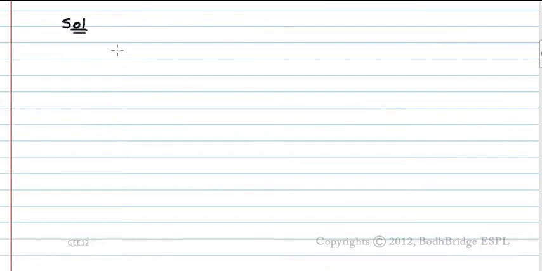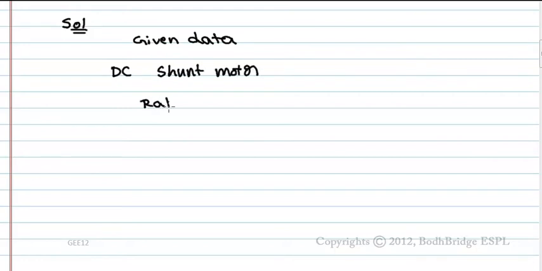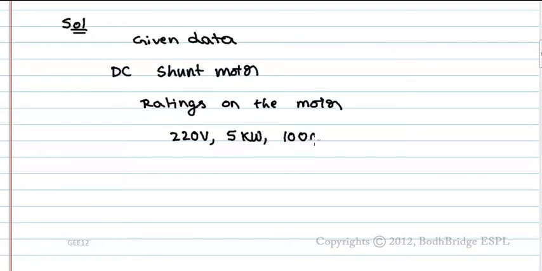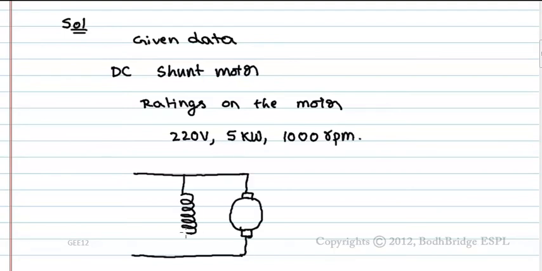Solution: given data: DC shunt motor, rating of the motor 220 volts, 50 kilowatt, 1000 rpm. DC voltage V is 220 volts.